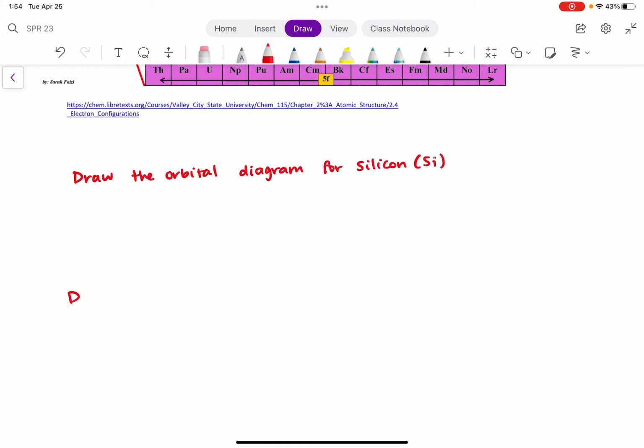And then write the electron configuration for silicon.